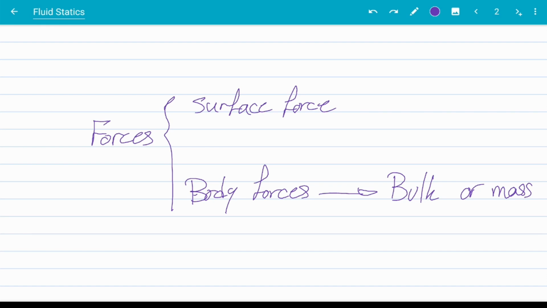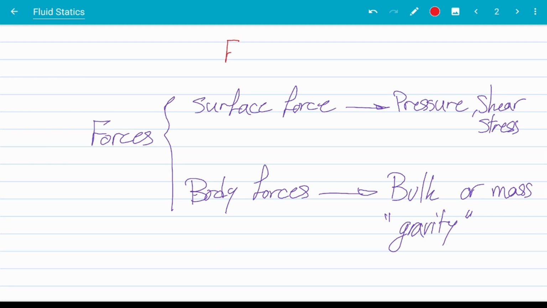A very well-known example of a body force is gravity. It is applied on the mass of the fluid element. Any other force that is not a body force is a surface force. Examples are pressure and shear stress.